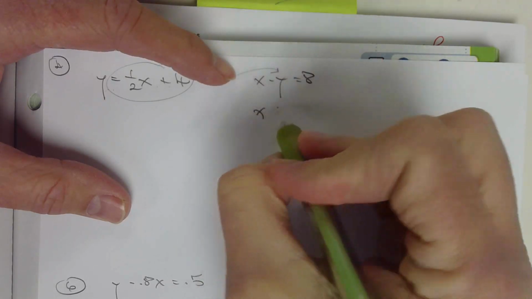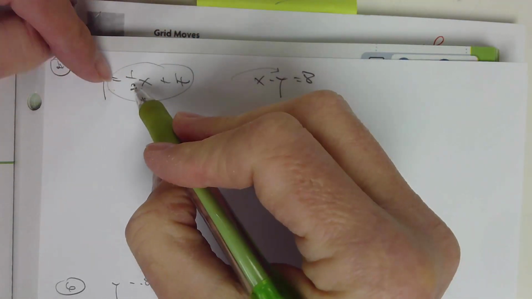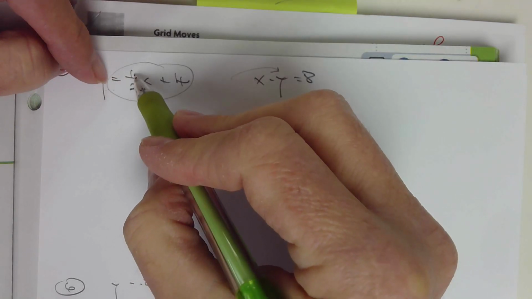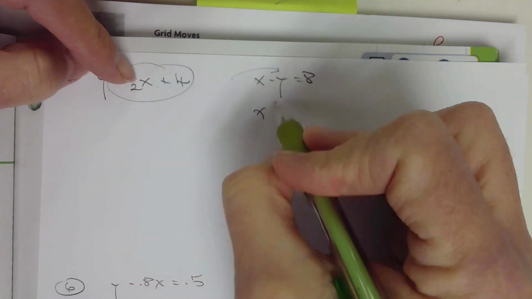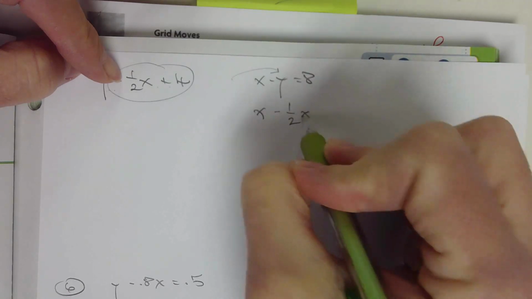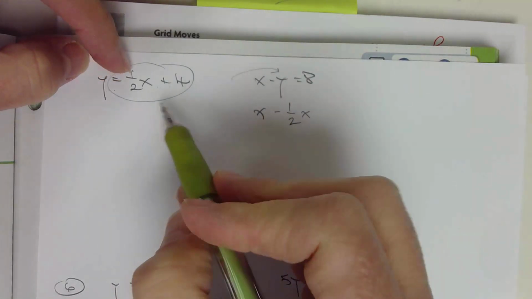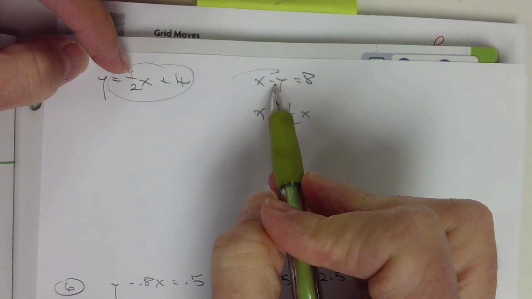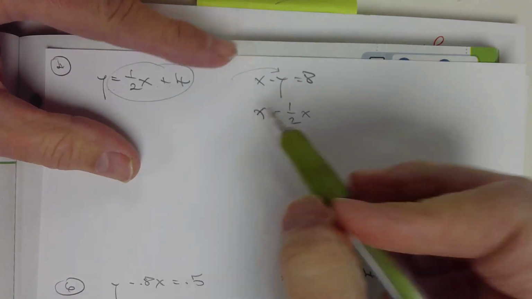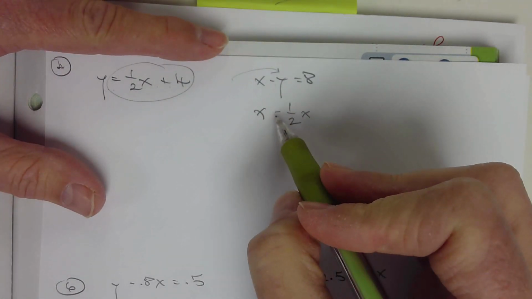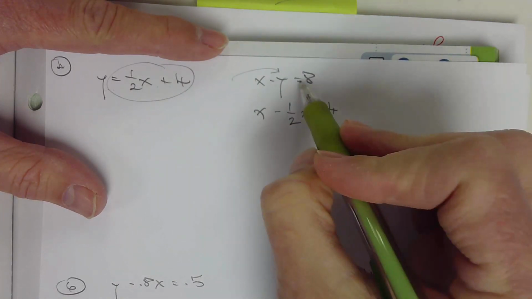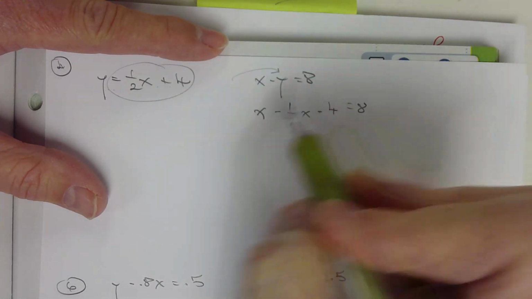So x minus, if y is 1/2 x plus 4, it's going to be x minus 1/2 x, and instead of plus 4, it'd be minus 4, and then equals 8.